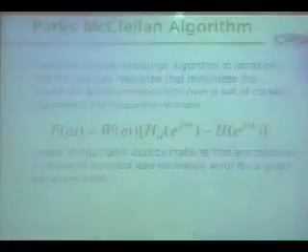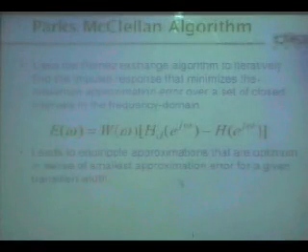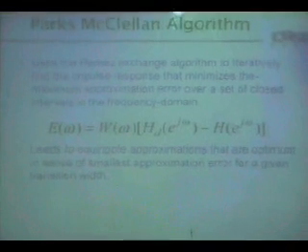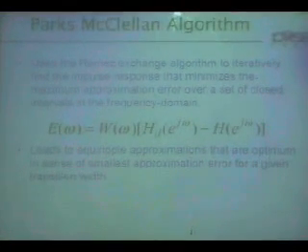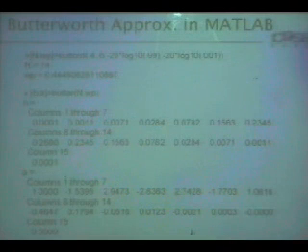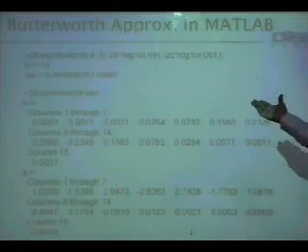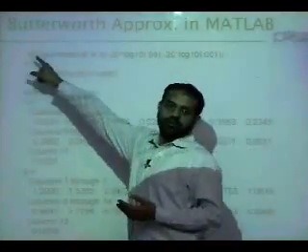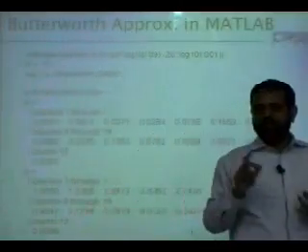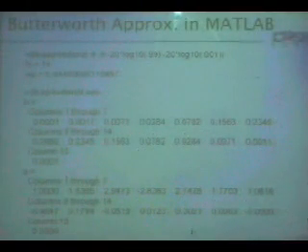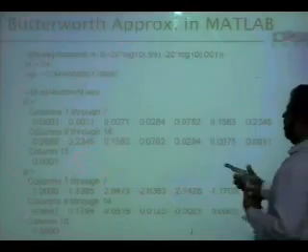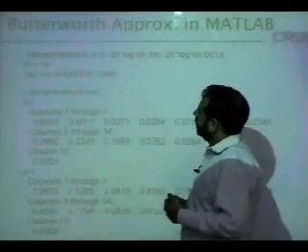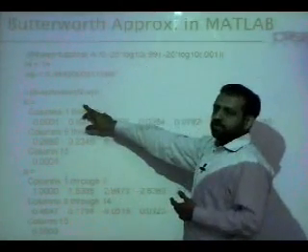So this will lead to, as it says, equiripple approximations that are optimum in the sense of smallest approximation error for a given transition width. These are MATLAB functions. If you want to find a Butterworth order, this is the function. Butterworth order will give you the two design parameters, n and omega c, and then you use these to design a Butterworth filter.